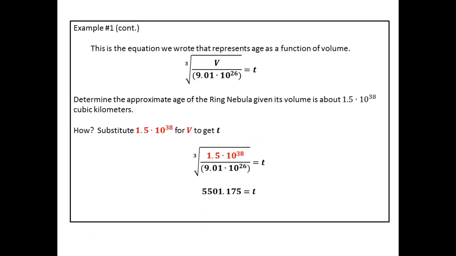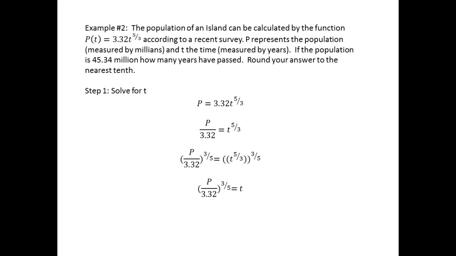And then I use that equation, which is an equation for the age, to answer the ultimate question, which is, what is the approximate age of the Ring Nebula? And I do that by replacing V with the numerical expression that I'm given and figuring out what the answer is with my calculator. Let's go to the second example.